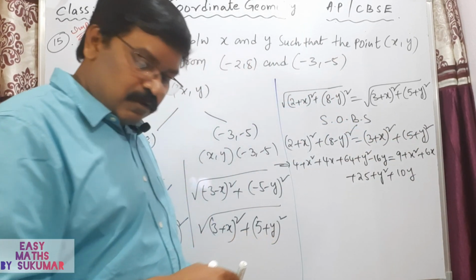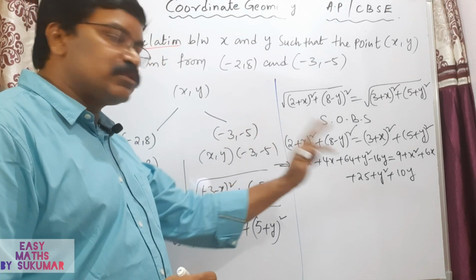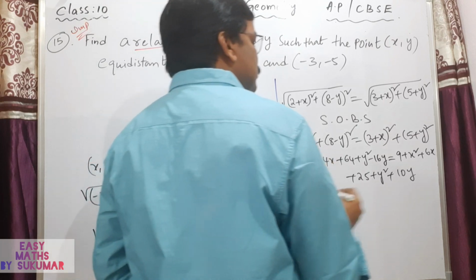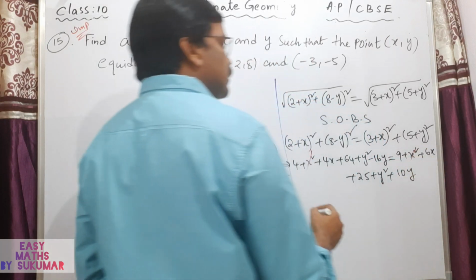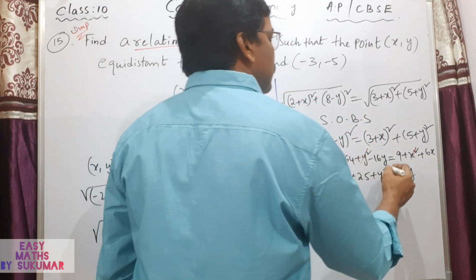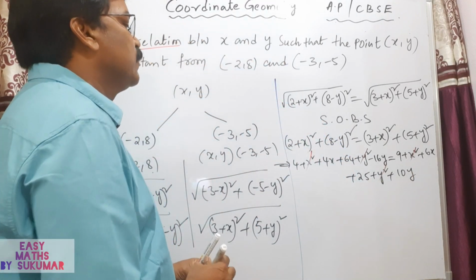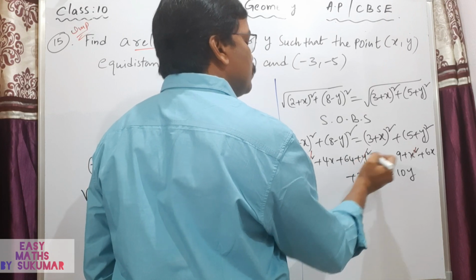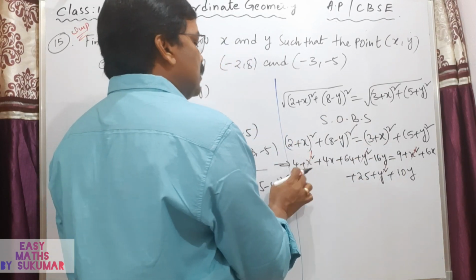Okay. Now just observe the two sides, students, left hand side and right hand side. Here the x square gets cancelled, y square also cancelled. Finally, what is here? 4 plus 4x plus 64 minus 16y. So what is 4 plus 64?